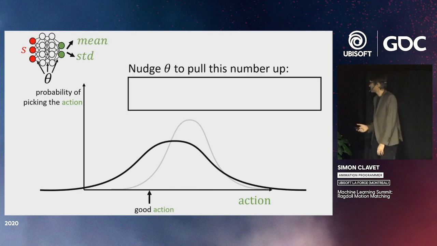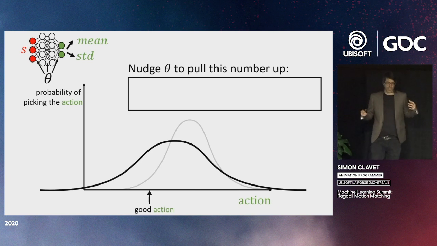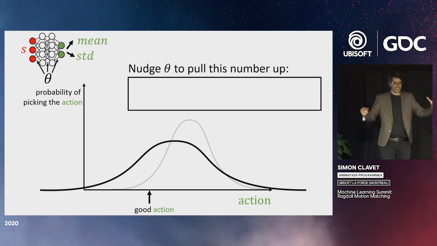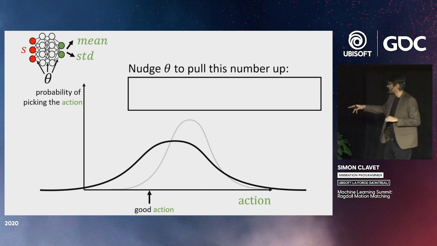So let's get a little bit more precise. What do we actually want to do? With this new policy, we're going to do lots of actions, lots of states, a big batch of actions. And now, with this batch of actions, for each of them, we're going to nudge our probability, change our probability so that the good actions will be more probable. So look at these curves there.